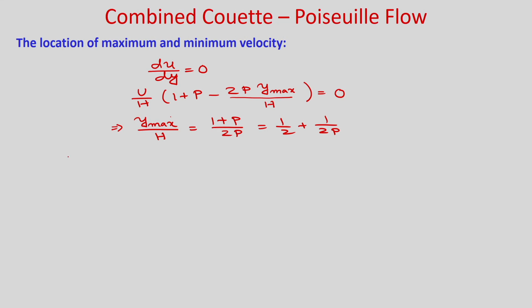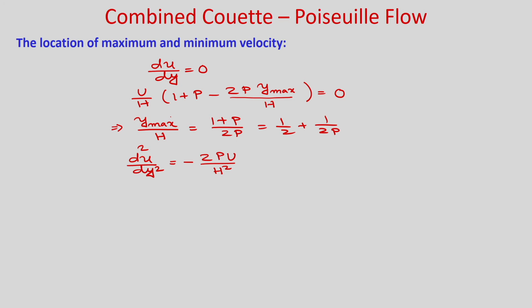So, now if you want to find whether the maximum velocity or minimum velocity will occur, you can find d2u by dy square. So, what is d2u by dy square? That is minus twice pU by h square. So, you can see depending on the value of p, you will get either maximum velocity or minimum velocity inside the flow domain.